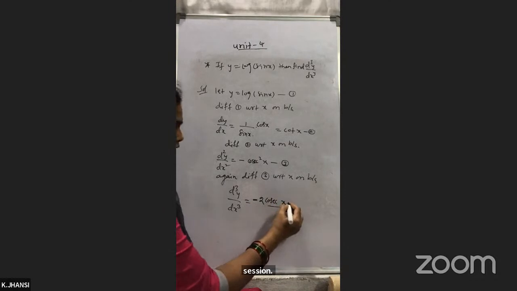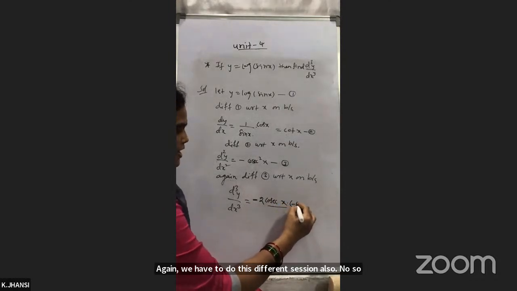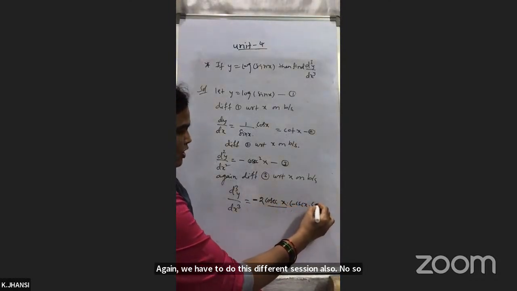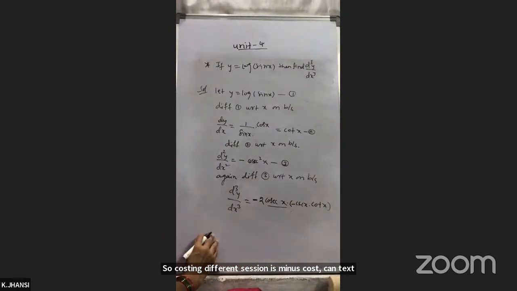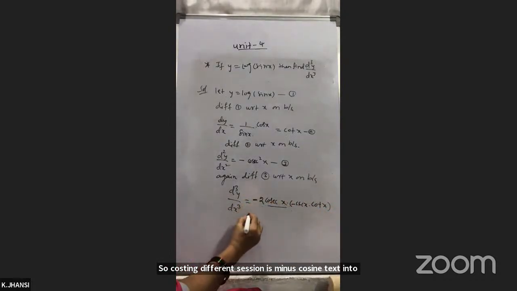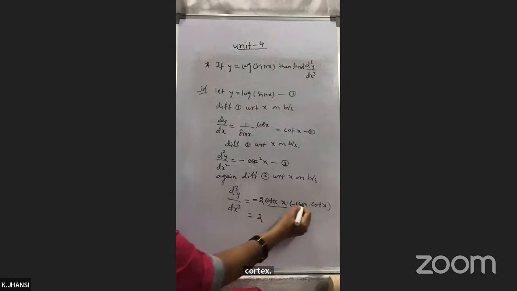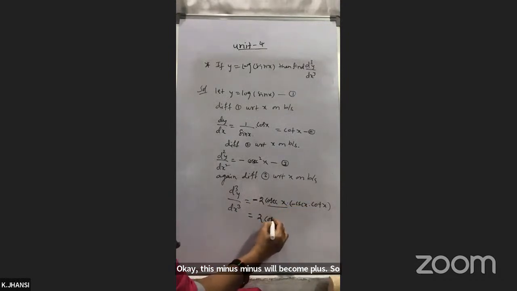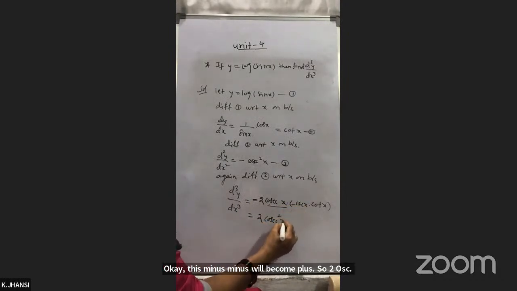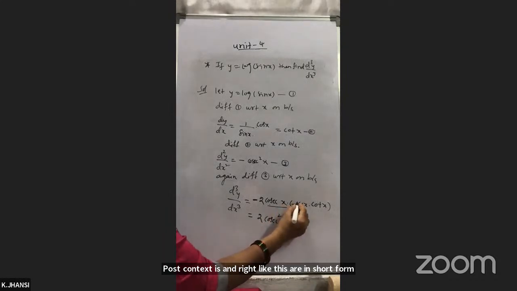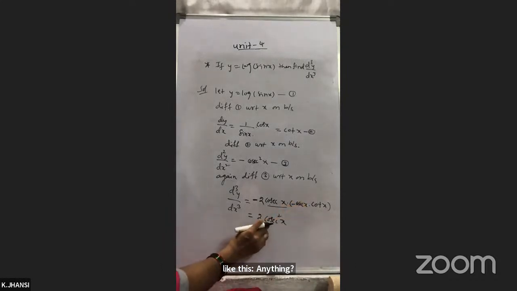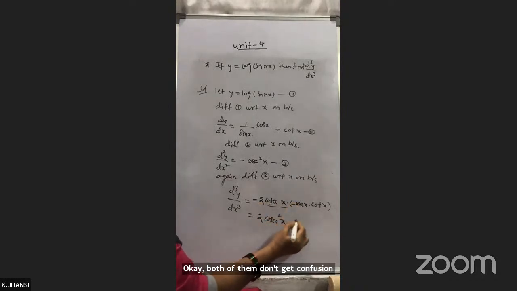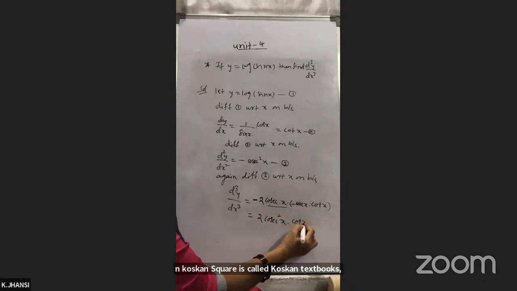Cosecant x differentiation is minus cosecant x into cot x. This minus minus will become plus. So 2 cosecant x, you can write it like this or in short form like this. Both are the same, don't get confused. Cosecant square x into cot x.